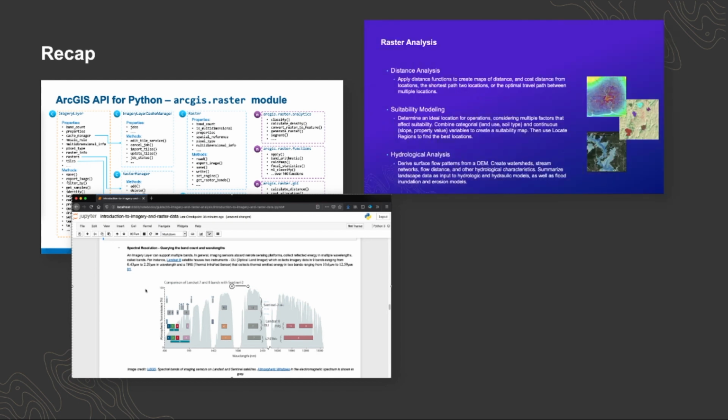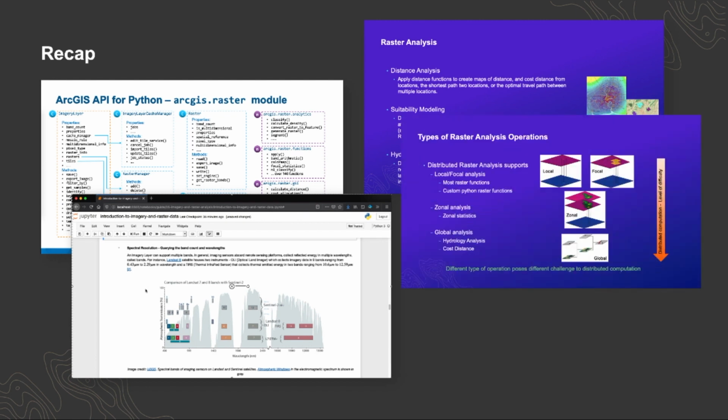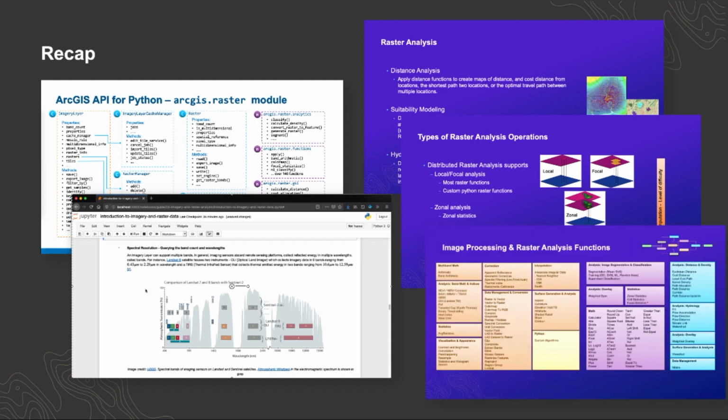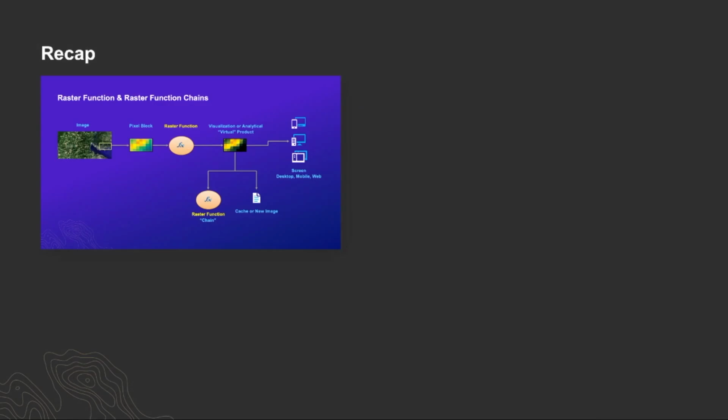Then Norman walked us through the raster and spatial analysis concepts. We then learned about different types of operations and looked at an assortment of raster functions that are available, as you can see in the slide. We saw how functions are chained together and executed without producing intermediate results.